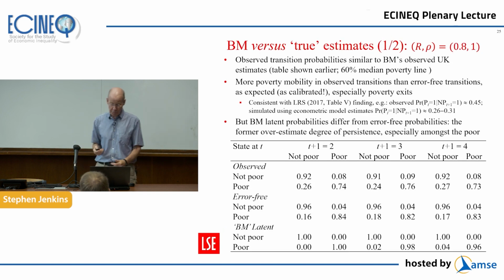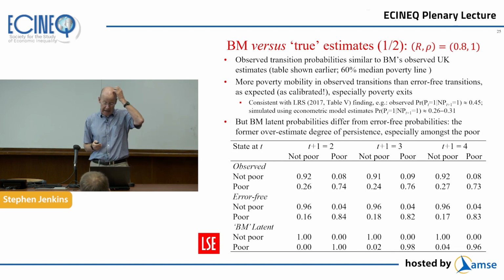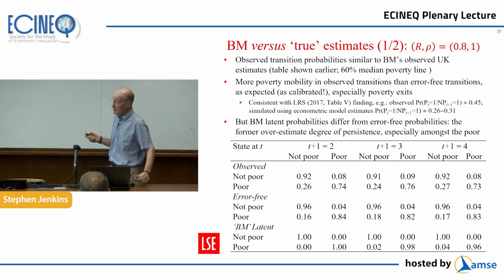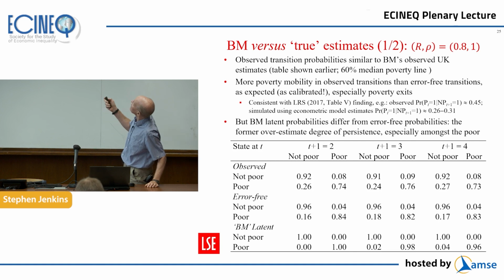In fact, the transition probabilities are broadly similar, and we get more poverty mobility in observed transitions than in error-free transitions, which is expected, especially exits. But the latent probabilities differ from the error-free probabilities, and you get a big overestimate.